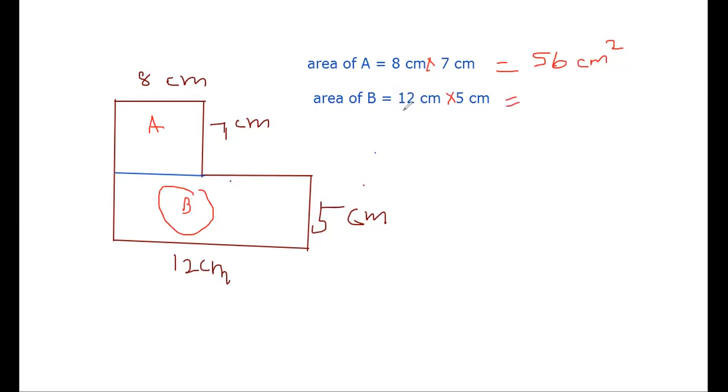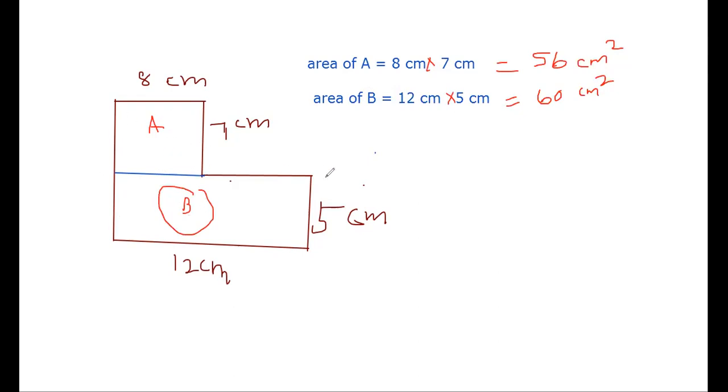So the value we get is 12 times 5, 60 square centimeters. Now I have separately found the areas of A and B.